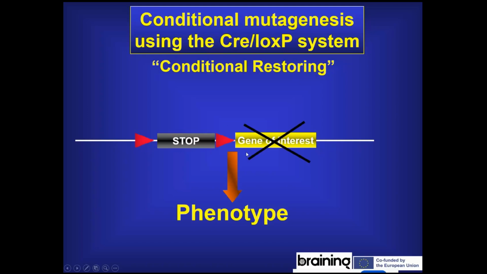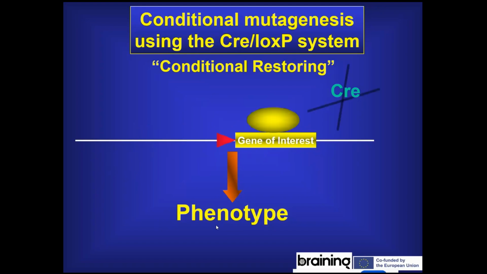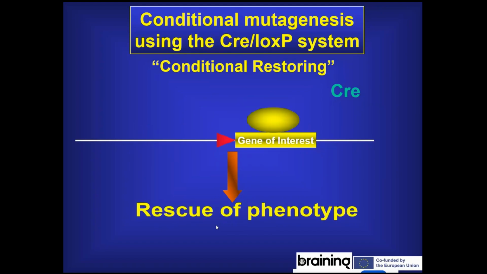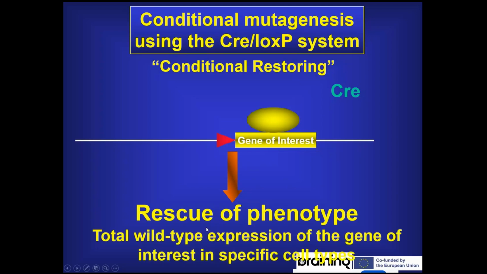This will be like a knockout mouse, and you will have a certain phenotype. When you put Cre in a given particular cell type or with viruses, you will actually delete the stop cassette and trigger the expression of the gene. And if the mice are different, you can obtain a rescue of the phenotype from the knockout. And the good thing is that this rescue will be at the total wild-type level, but only in specific cell types.